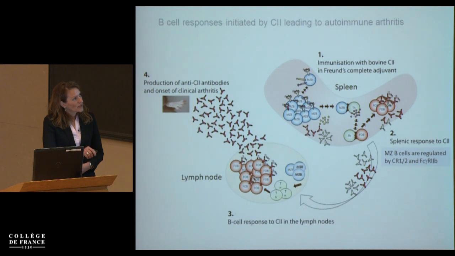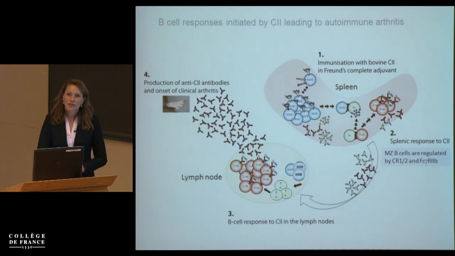Then we think that there is some type of interaction, a signal here, that we don't really know if that is IgM signals or immune complex signals with IgM and collagen, we don't know. But we know that there is a response from also a small subset of these marginal zone B cells in the lymph node that we call nodal marginal zone B cells.